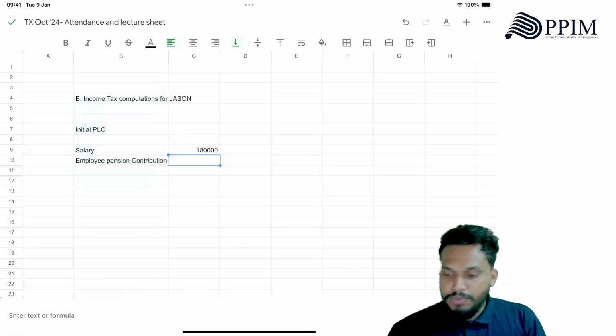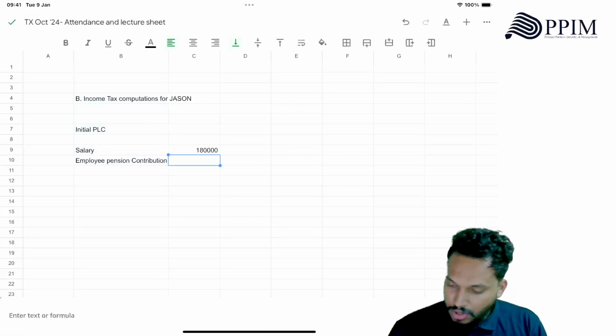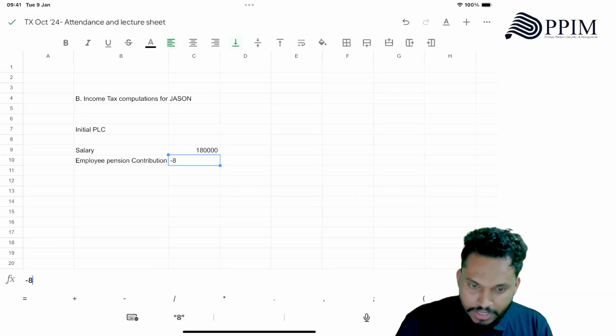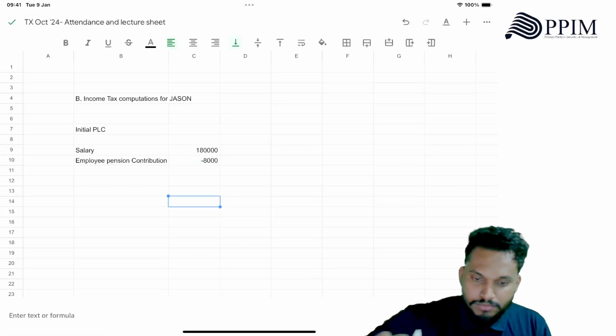So his employee pension contribution is how much? How much is contributing? 8,000. So he's contributing 8,000. Small question.